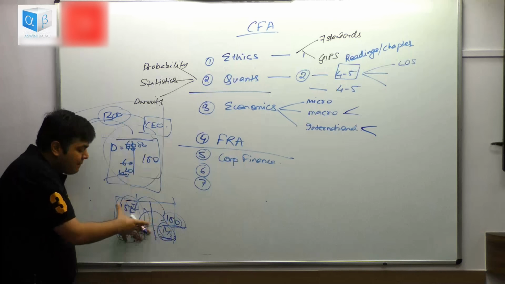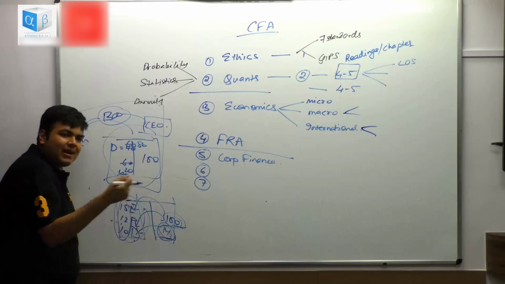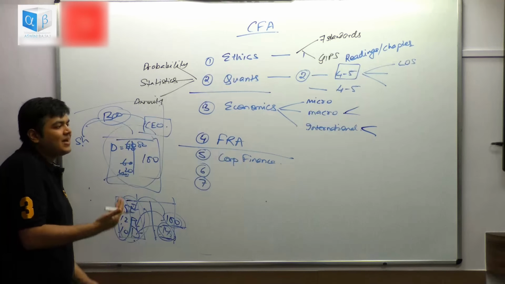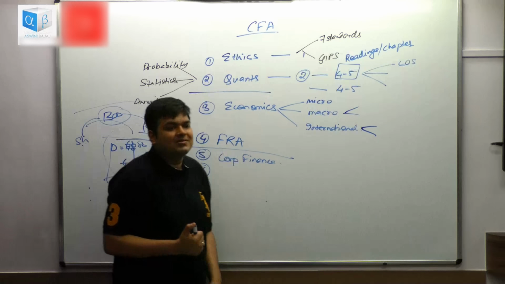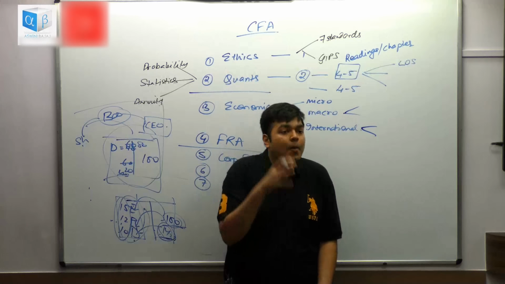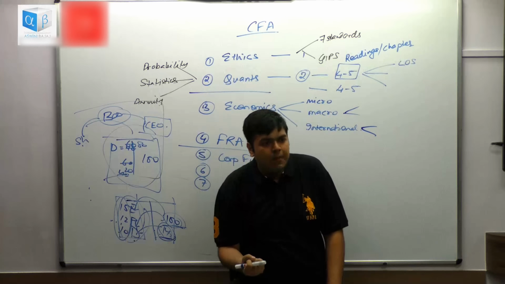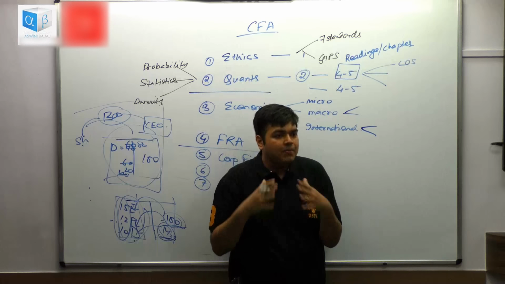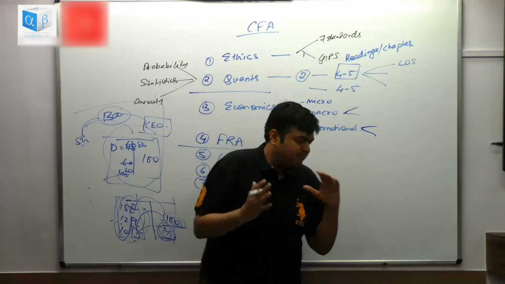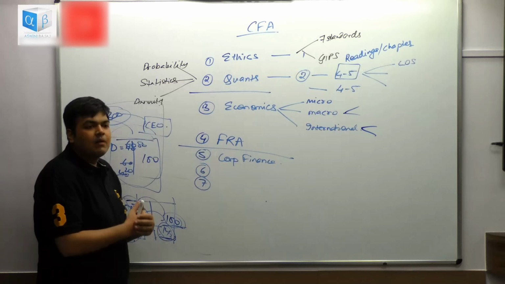How do you budget that capital that you have raised? So I'm raising capital, I need to budget that capital. So there are multiple ways in which we can decide as to which project to invest in. So that becomes your corporate finance. So corporate finance is when you are sitting inside the company's finance department, then how do you take financial decisions? So the understanding of corporate finance becomes important.